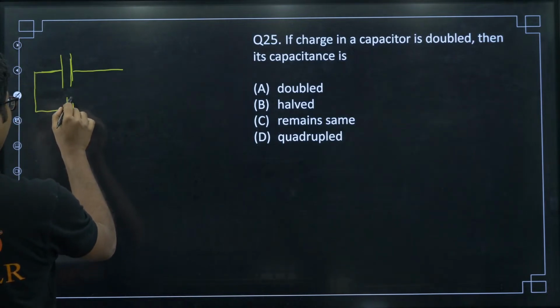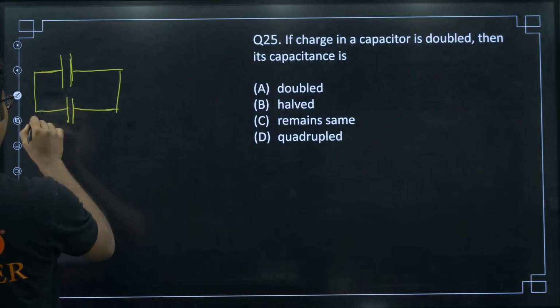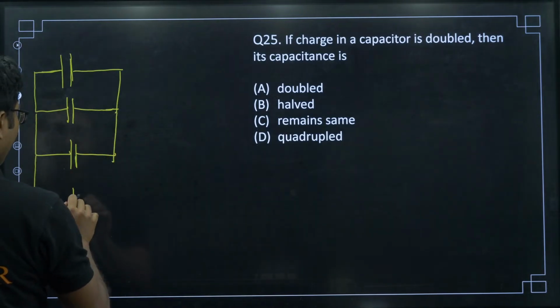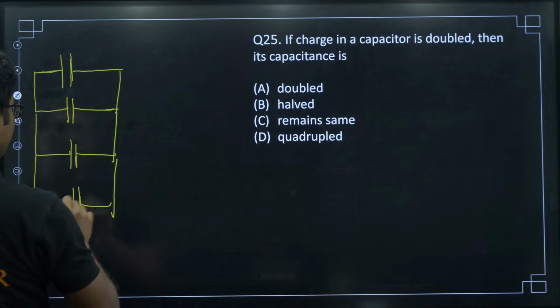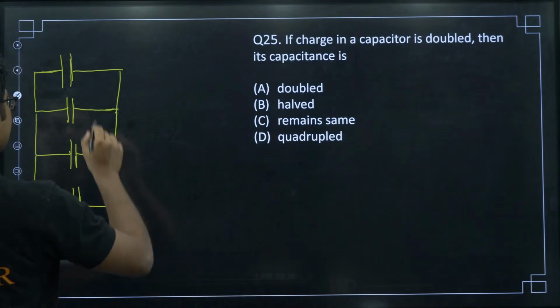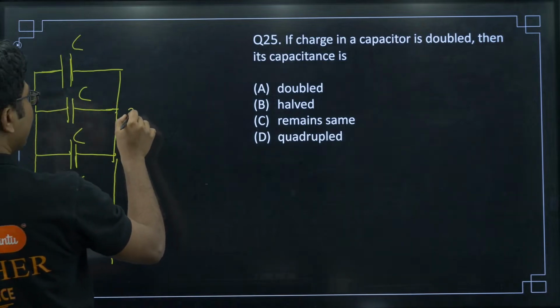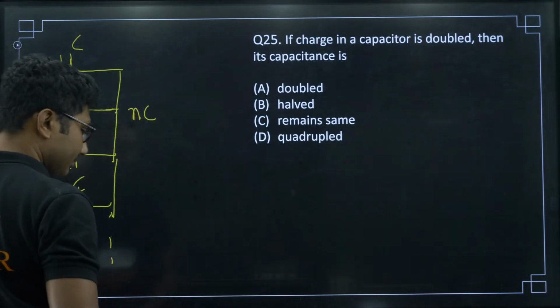So, be careful. I have solved the series one. Now, in the exam if they ask you the parallel one, that also is possible. Suppose you have n capacitors connected in parallel. Now you have to add them. So, in that case it will be NC.